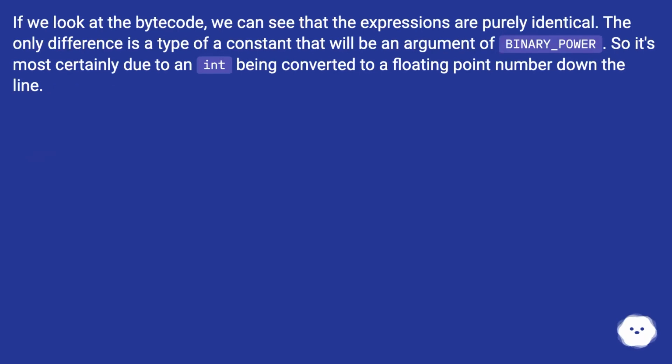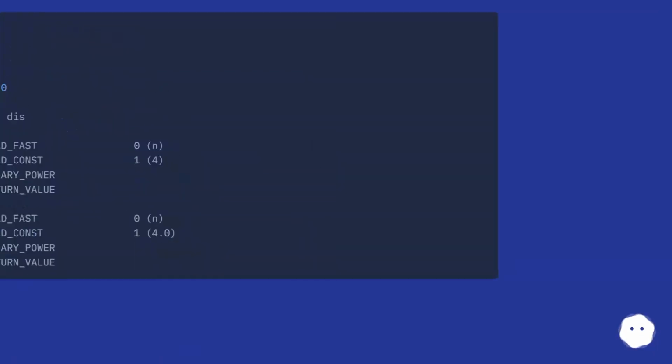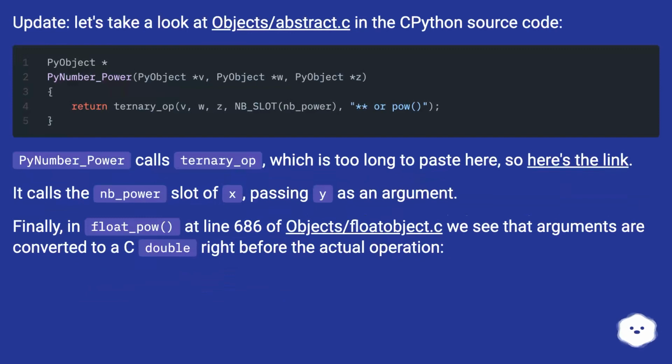If we look at the bytecode, we can see that the expressions are purely identical. The only difference is the type of a constant that will be an argument of BINARY_POWER. So it's most certainly due to an int being converted to a floating point number down the line. Update: let's take a look at Objects/abstract.c in the CPython source code. PyNumber_Power calls ternary_op, which is too long to paste here, so here's the link.